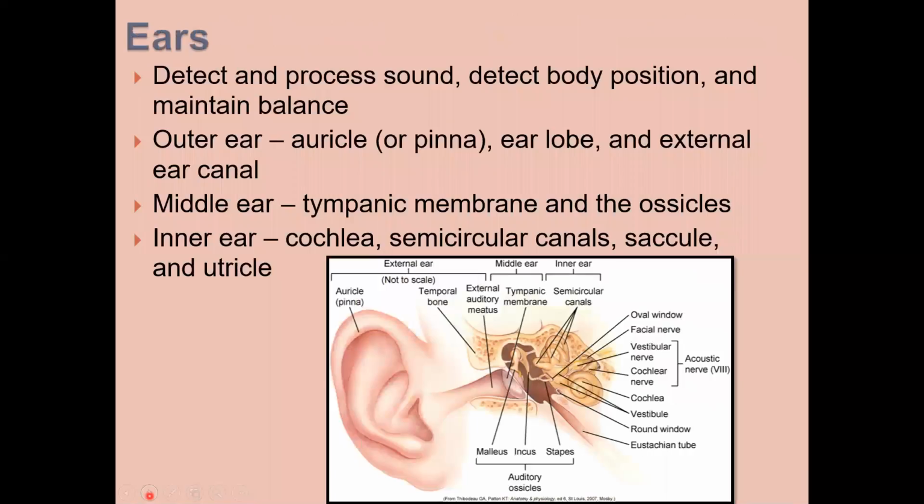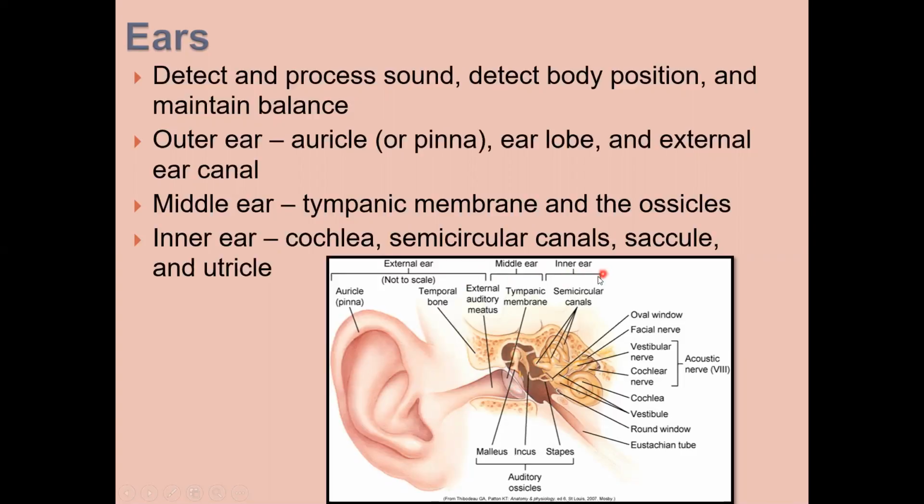Okay, so let's move on to the ears. They detect and process sound, detect body position, and maintain balance. The outer ear is the auricle or pinna, the earlobe, and the external canal. The middle ear is the tympanic membrane, which is right here, and the ossicles, all those little bones.